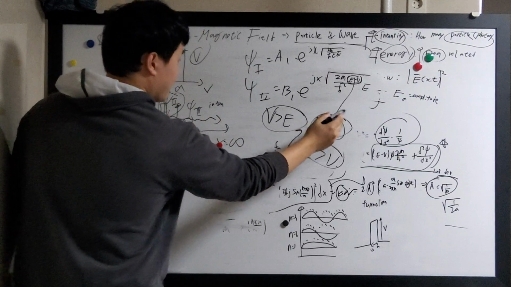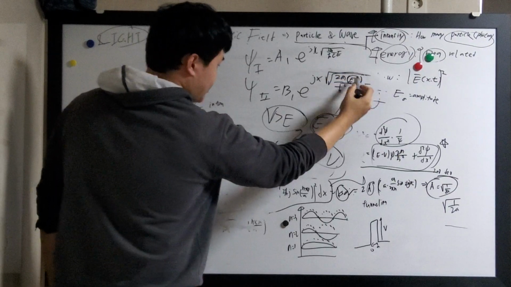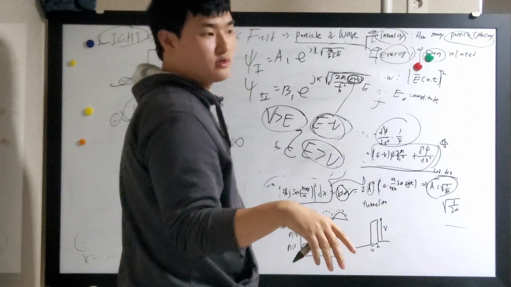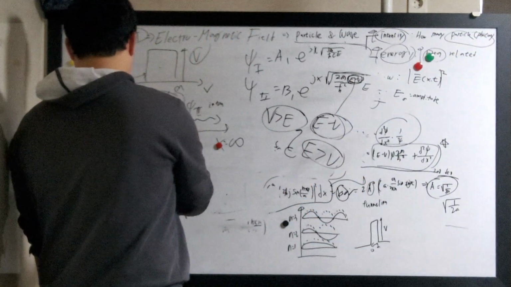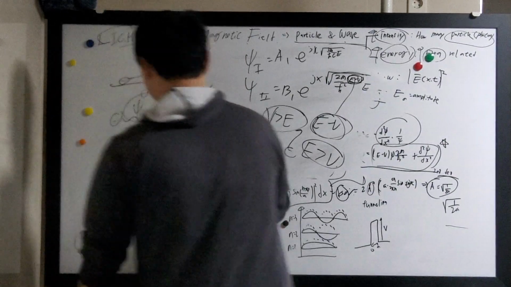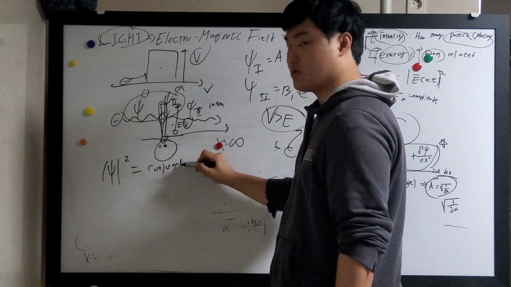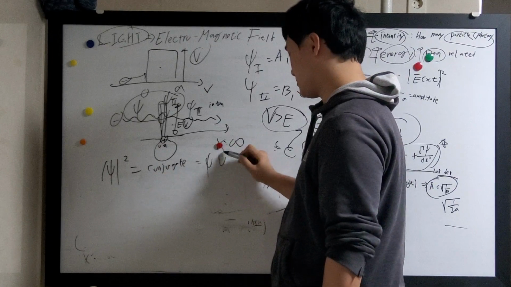So for this case, the inside of the root is somewhat negative, not positive. So when multiplying to get the square of the absolute value of the wave function, we must use the conjugate to get the absolute value. Right?